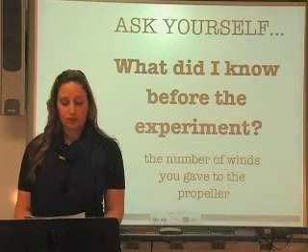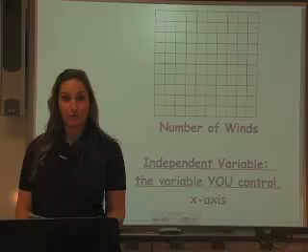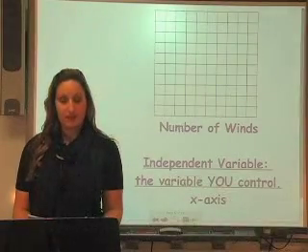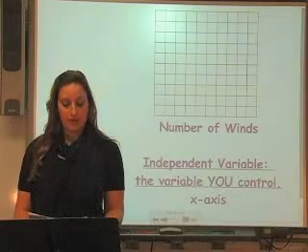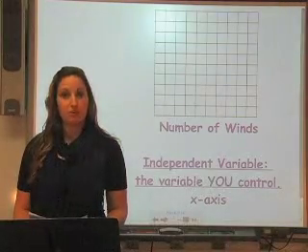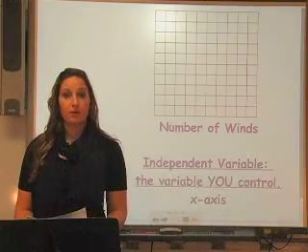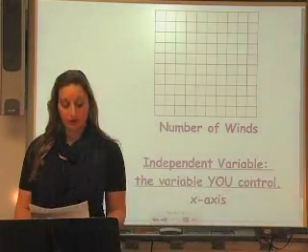That's right, we controlled how many wines were given to the air trolley propeller. Therefore, the independent variable is the number of wines on the rubber band and is labeled on the x-axis. Please remember, the independent variable is the variable you have control over.